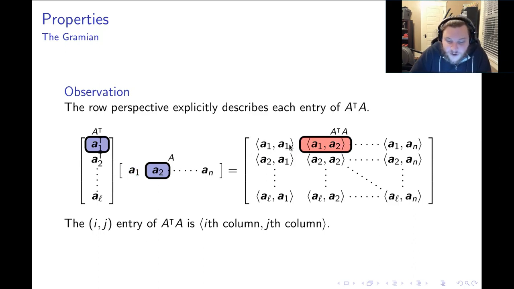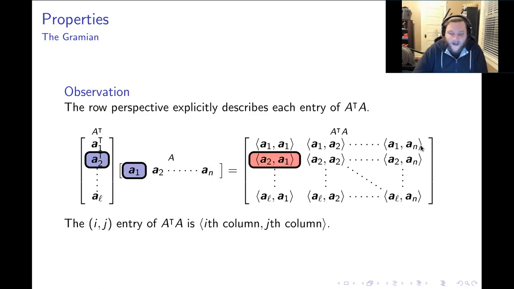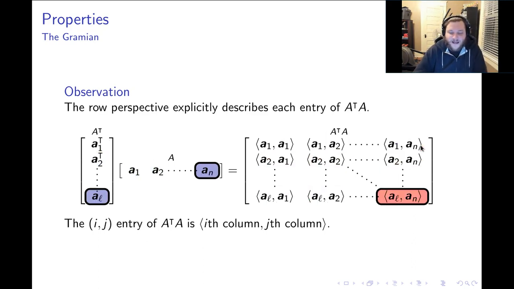In the 1-2 position, we're looking at the inner product of the first column of A with the second column of A. If we're looking at the 1n position, we're looking at the inner product of the first column with the last column, and so on and so forth. You can build every entry of the Gramian by taking inner products of the columns of A with themselves.